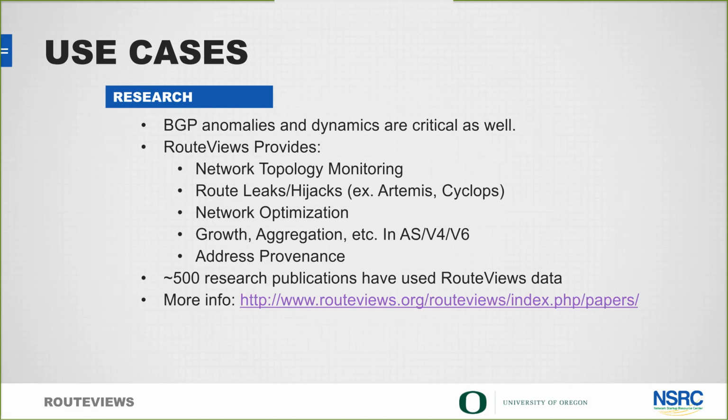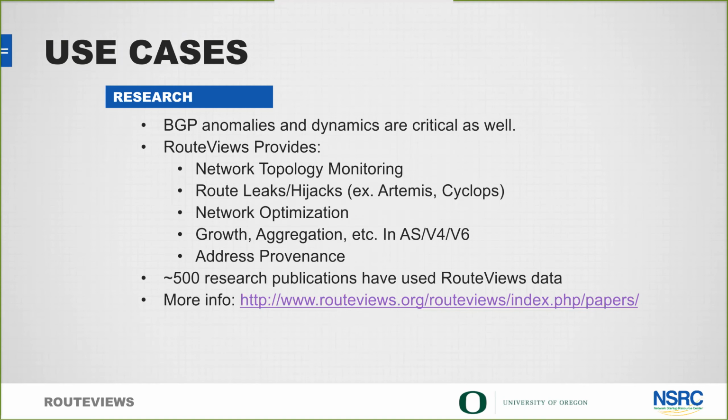So the other piece that we see a great use case for with Route Views is on the research side. As you guys know, route leaks, BGP hijacks, all of those things are happening more and more frequently today. And that's something that I feel like we're able to provide the community another vantage point into some of those anomalies.